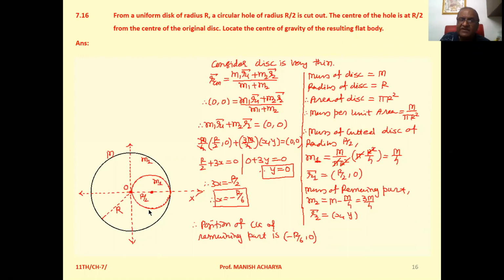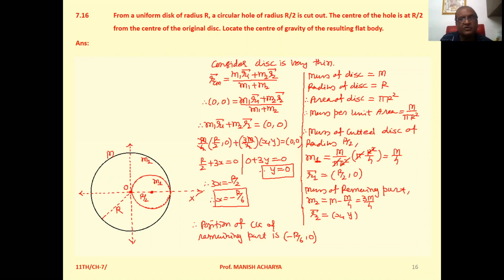Suppose mass of that small disk is m1 and mass of the remaining part is m2. Now we want to find the position of the center of gravity for this remaining part if this small disk is removed and a hole is made at that place.